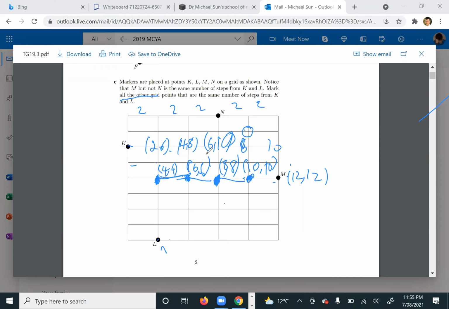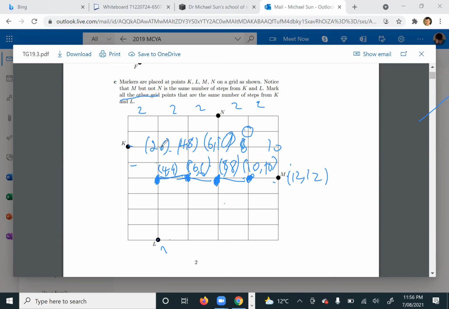So actually, I think this question is tricky enough that we can continue to another 2 parts. I don't want to spoil this right now, but this is in line with you proving why all these other points are further from L. Because if you keep going up, the distances from K and L are going to increase pretty much the same number of steps.